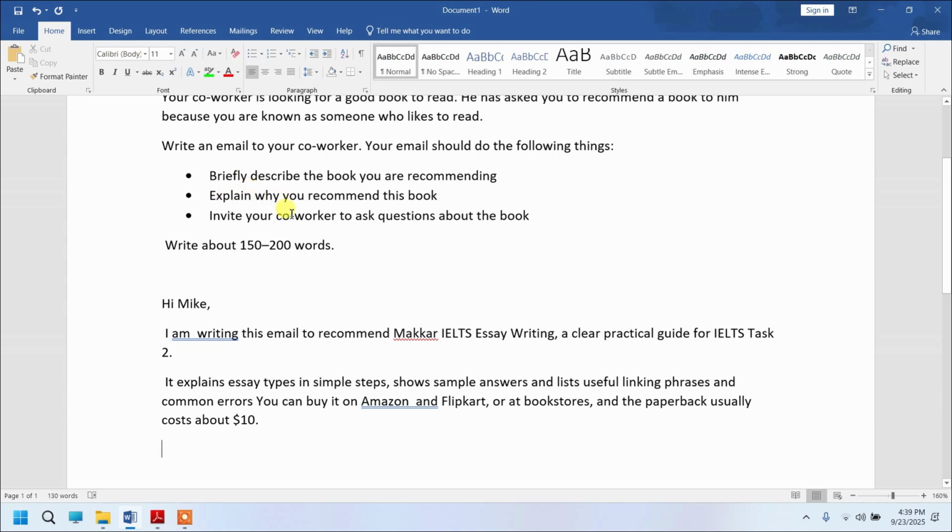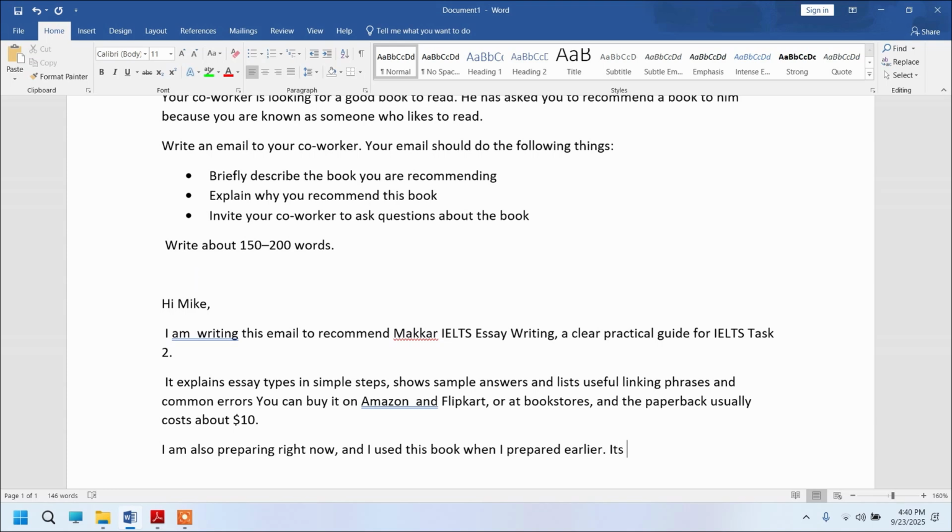Now I'm giving the reason why I am recommending it. I don't want to repeat the phrase from the prompt here. I will say I am also preparing right now, and I used this book when I prepared earlier.